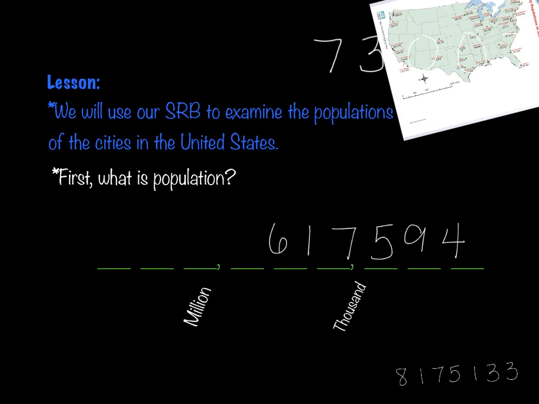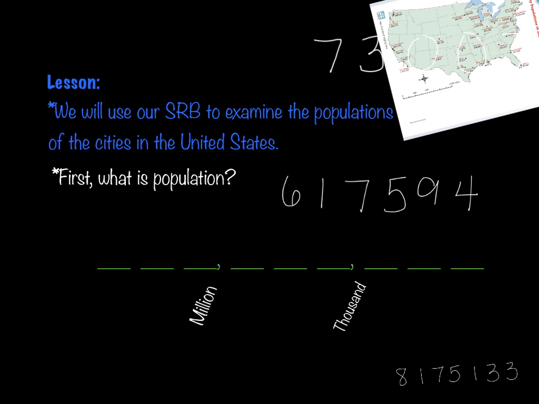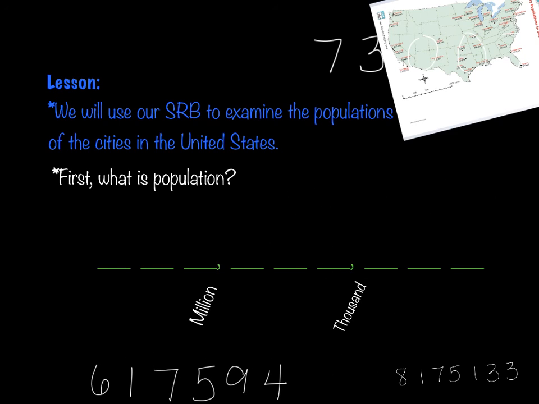How many ones do we have? That's an easy one, right? 4. How many 100,000s do we have? That would be 6, right? Very good. Okay, so we're going to take that, move it out of the way, and add another number up here.